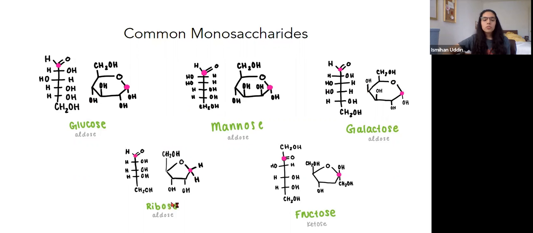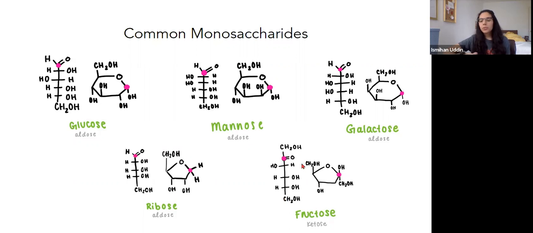And then ribose is actually a 5-carbon molecule, so this is a furanose ring. It has 5 carbons: 1, 2, 3, 4, and then 5 here. That's called a furanose ring. And all of these are aldoses because they have aldehydes in the Fischer projection, except fructose, which is a ketose, because this is a ketone right here, and that's not going to make an aldose.